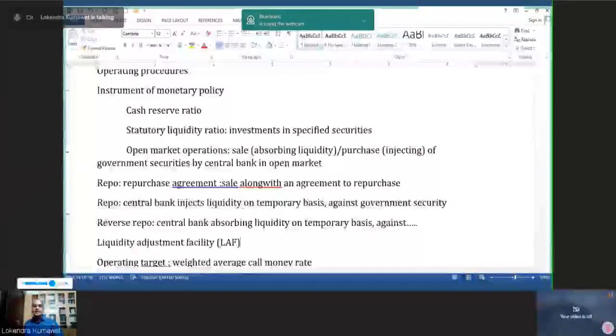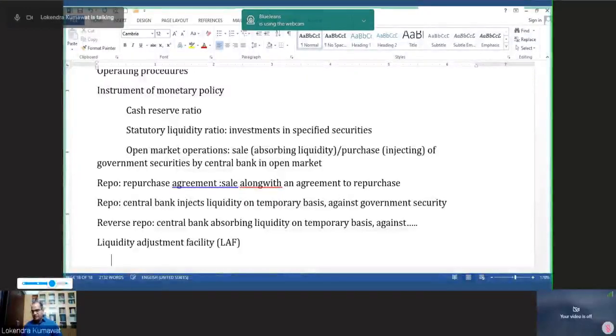Reverse repo is the rate at which the reverse repo operations are conducted. Reverse repo rate is tied to the repo rate. Repo rate is the rate at which the banks are borrowing from the central bank. Reverse repo rate is the rate at which they are lending to the central bank on a temporary basis. If they have surplus liquidity, they can lend to the central bank. So between repo rate and reverse repo rate, there is a corridor.